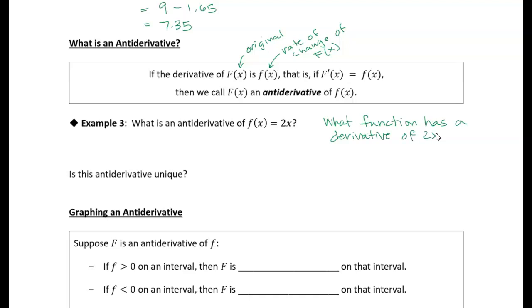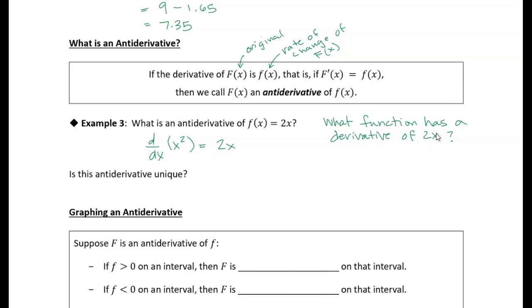That's all that's asking. It's asking for the antiderivative, which means what's the original function that has a derivative of 2x? Given that you've had some experience with derivatives, you might recognize that if I had x squared and I took the derivative of that, that's 2x.